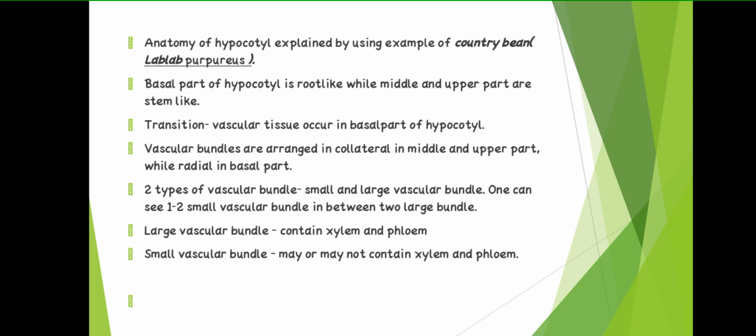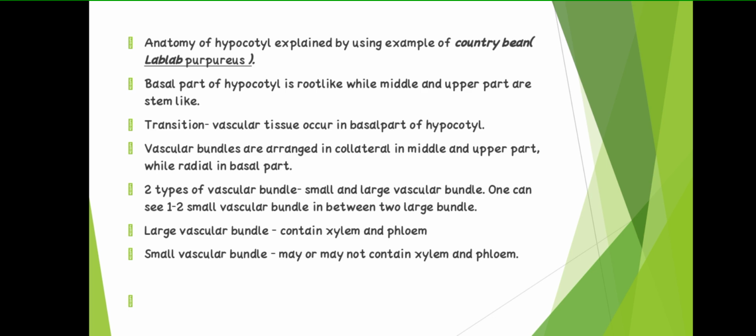The basal part of the hypocotyl is root-like, while the middle and upper part are stem-like. That is, this is the first important feature regarding the anatomy of hypocotyl. We can see a transition of vascular tissues that occurs in the basal part of hypocotyl, and vascular bundles are usually arranged in collateral fashion in the middle and upper part, and towards the basal part they are arranged in radial fashion.